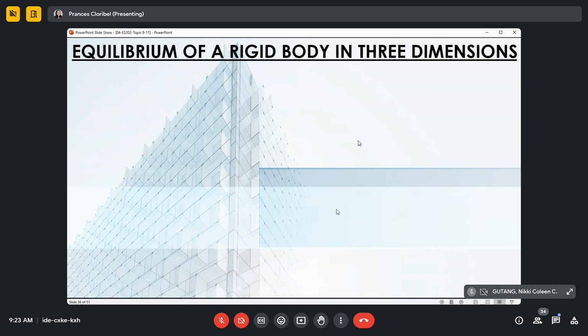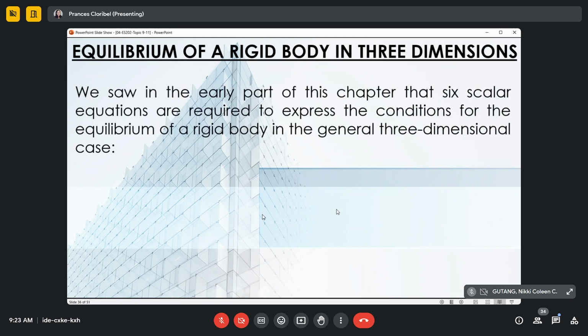Okay, now, in the previous chapter, we discussed the equilibrium of a rigid body in two dimensions. And we saw in the earlier part of this chapter that there are 6 scalar equations required to express the conditions for the equilibrium of a rigid body in the general three-dimensional case, such that the summation of forces along x, y, and z must be equal to 0.